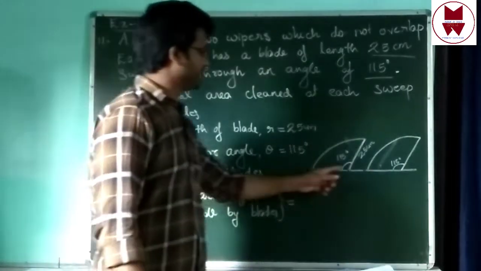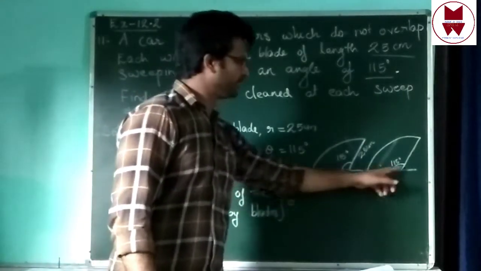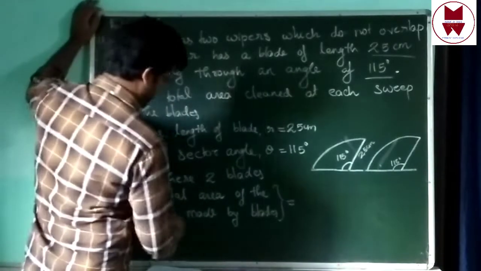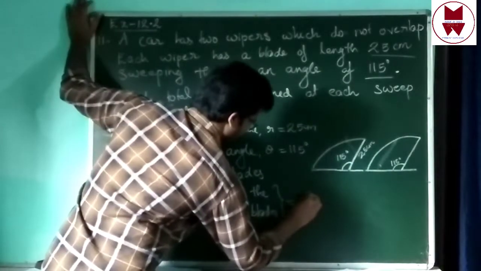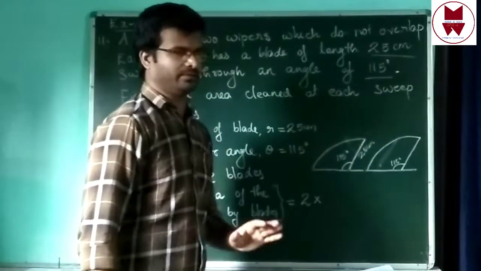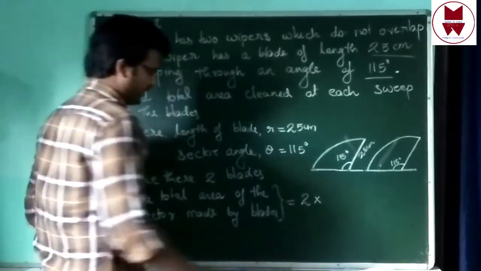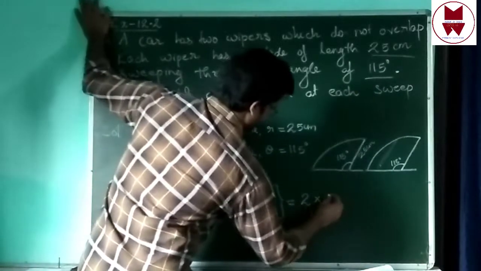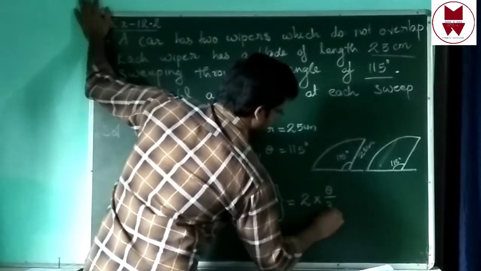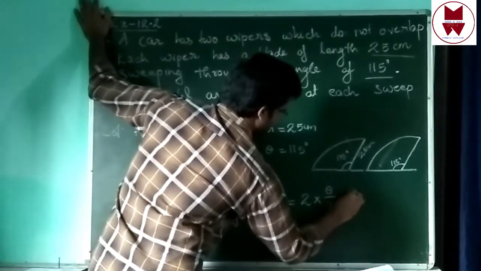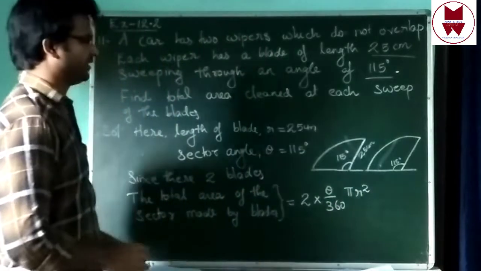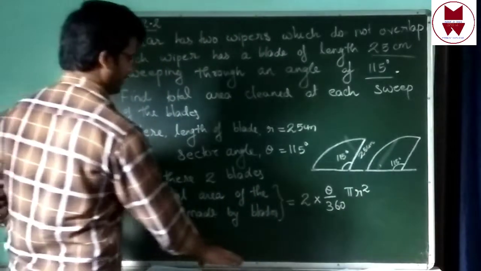In this figure you can see this is one sector only, like two sectors is there. Then total area of the sector made by blades is 2 into, why we are using 2 means we have two sectors is there, 2 into area of sector which is formula, that is theta by 360 pi r square.